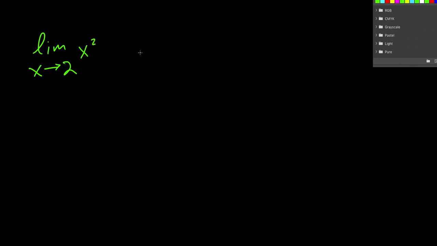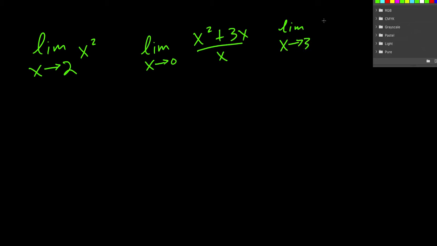And here, I'm going to write out all these limits. And we also have the limit as x approaches 3 of x squared minus 9 over x minus 3.